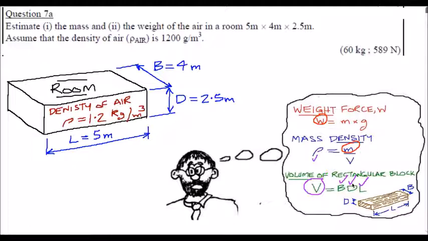So once I've calculated the volume of the rectangular block, I can put it in this equation. I can rearrange the equation to find the mass. And once I've found the mass, I can put it into this equation and then multiplying by gravitational acceleration, 9.81 meters per second squared, I can find the weight force. So that's my thinking steps for the solution to this problem.